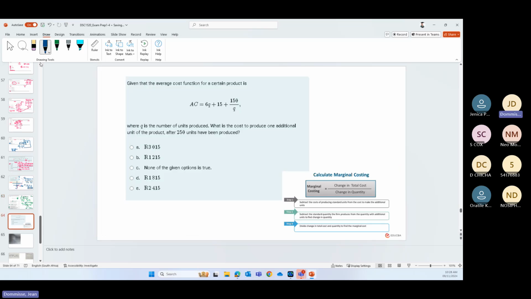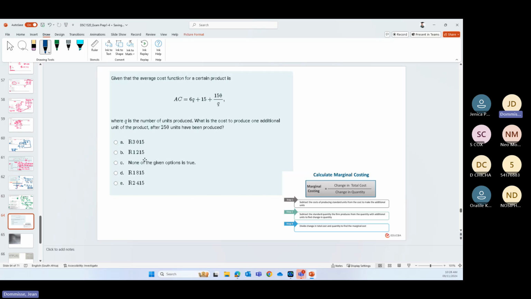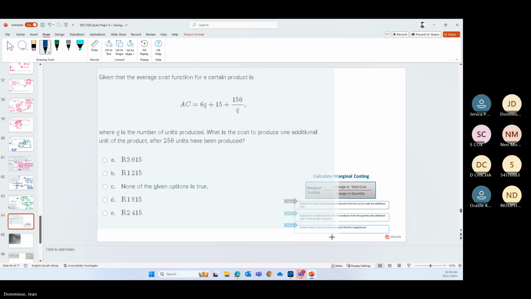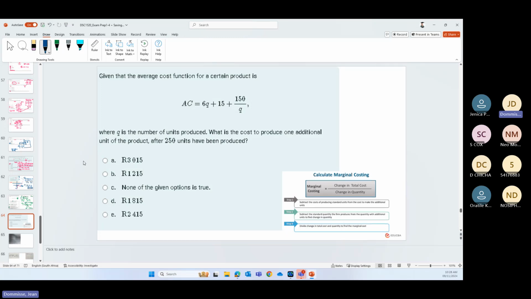Okay, let's look at this one, because this goes back to study unit 7 and 8. Average cost. Okay, so all the time we've now worked with total cost. We looked at demand functions. Now suddenly we get an average cost.